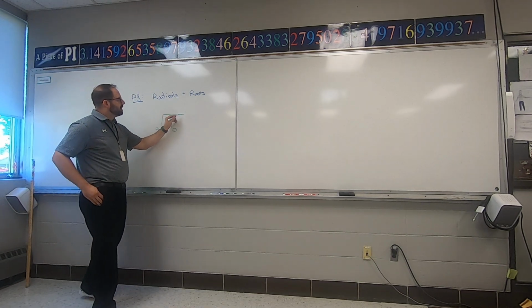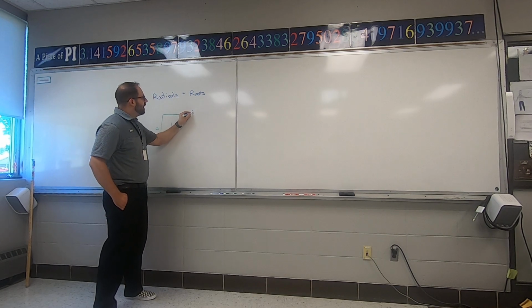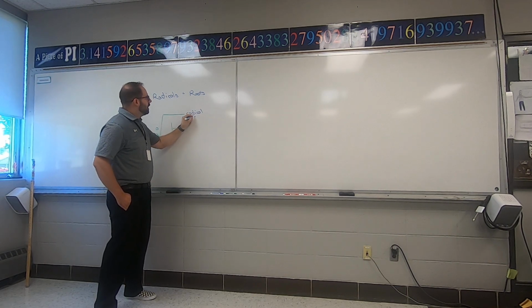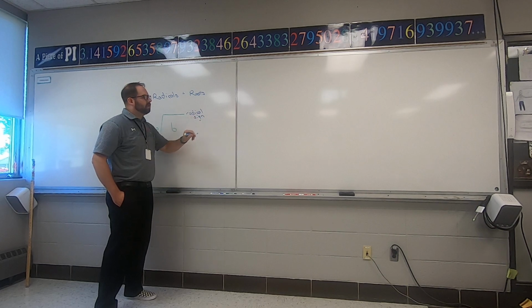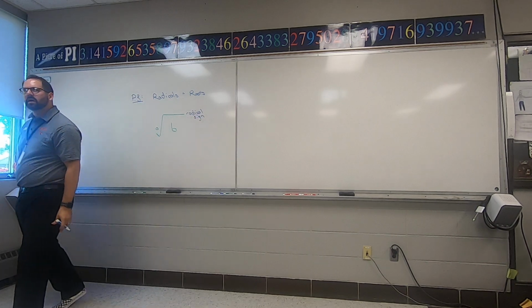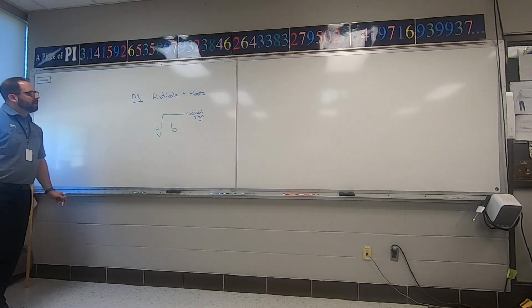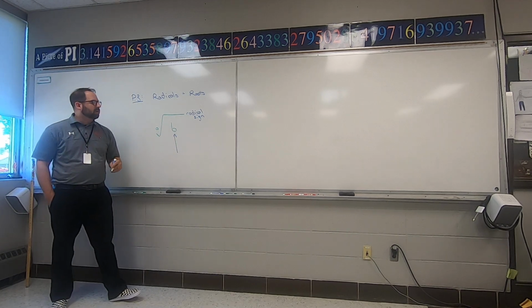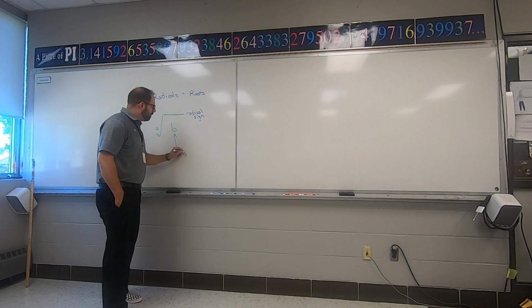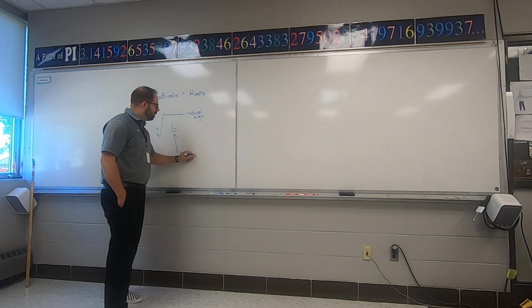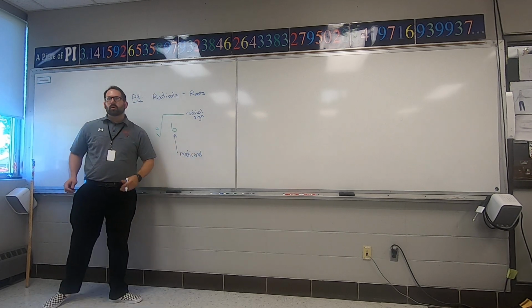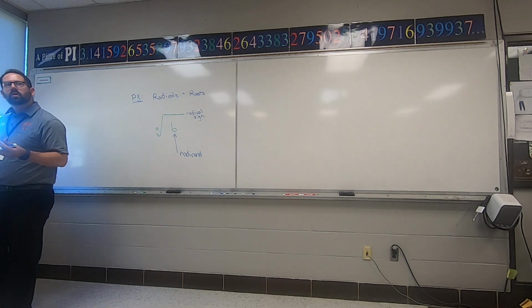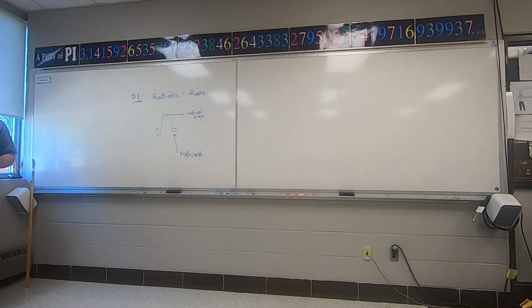The actual symbol itself is called a radical sign. I know a lot of people just call it a square root symbol, but it's called a radical sign. That's the correct terminology. The number on the inside of the radical sign is called the radicand. It's the item that you are trying to simplify or evaluate.